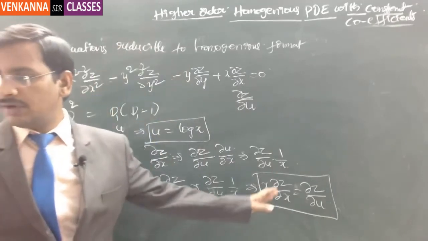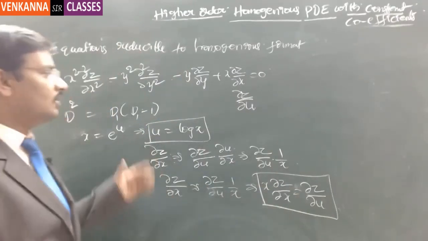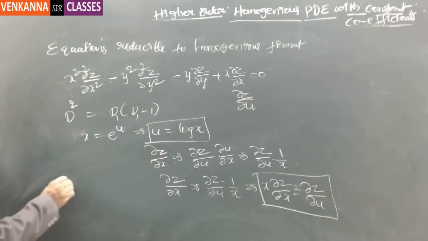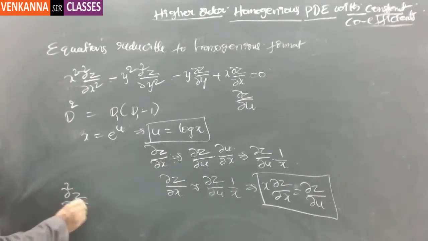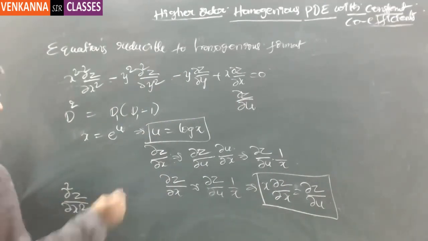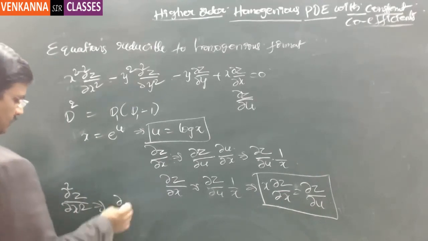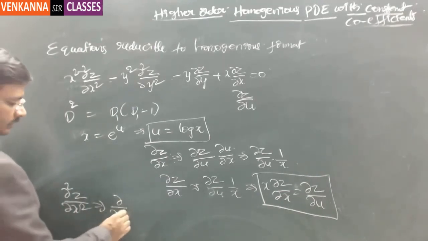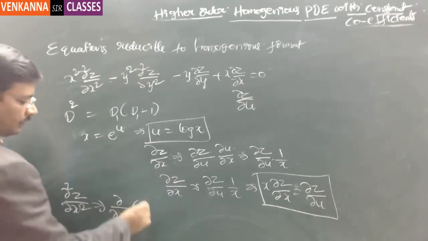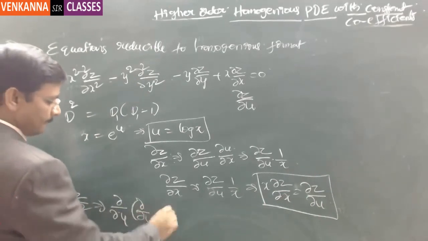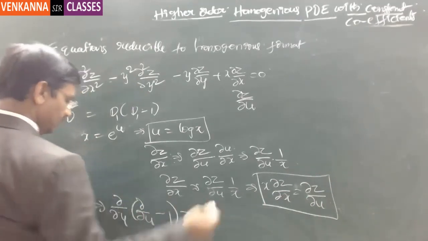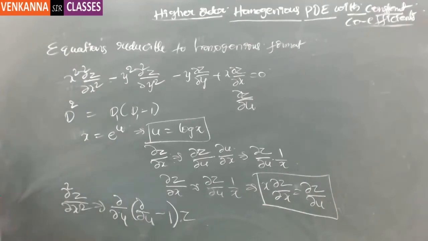Similarly, if you take the derivative again, you will get dou square z by dou x square as dou by dou u and dou by dou u minus 1 times z.